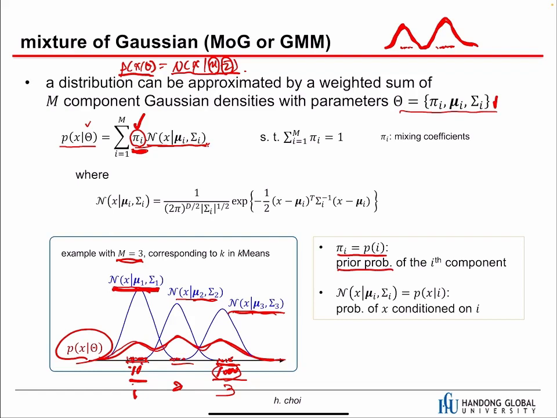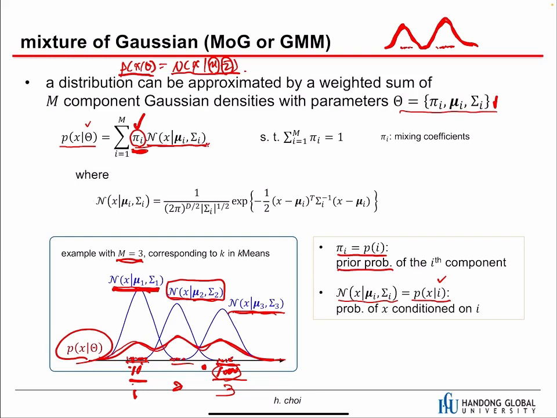Okay, and then this Gaussian distribution is actually p of x given i, which means that when we choose one component, what is the likelihood? So when we have a sample here, around here, and we choose 2, when i is 2, then what is the likelihood?